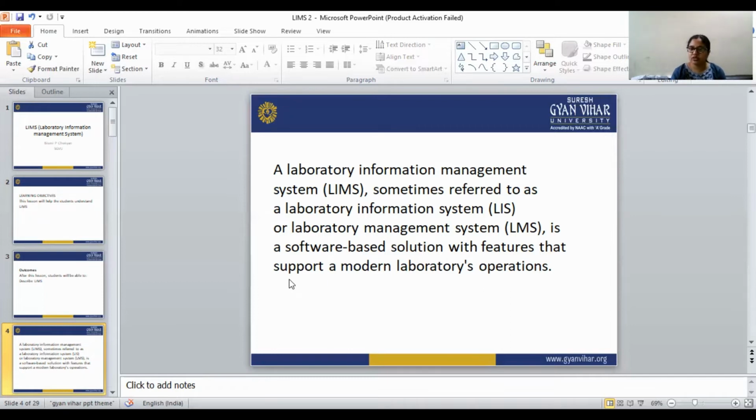There are lots of uses of the computer in the pharmacy area, and we are using the computer in this way. All these systems and software make our work very easy.